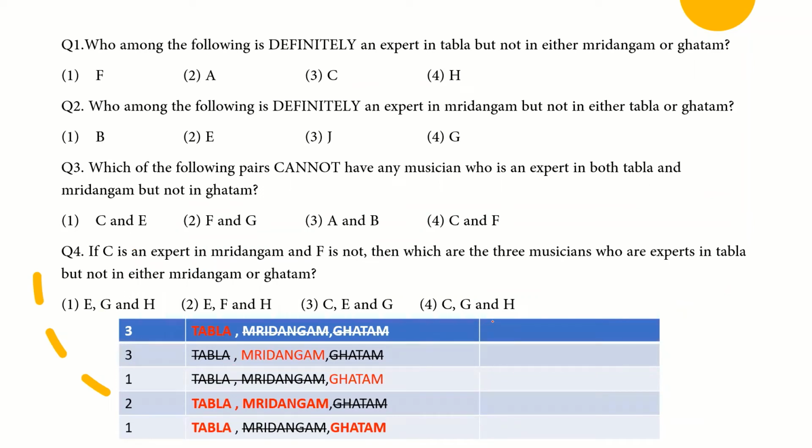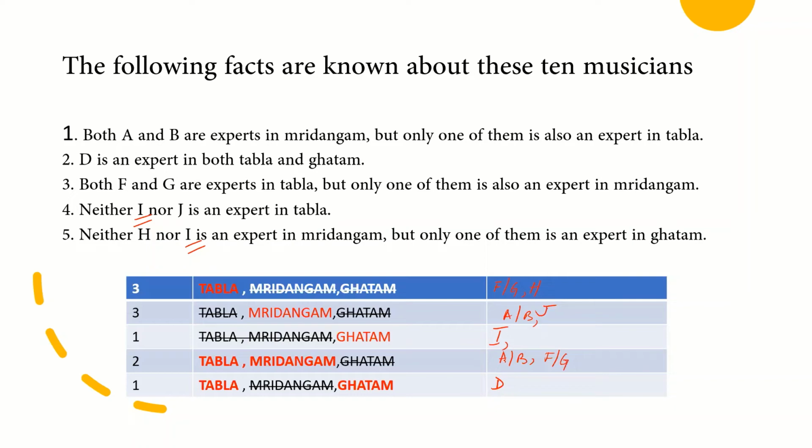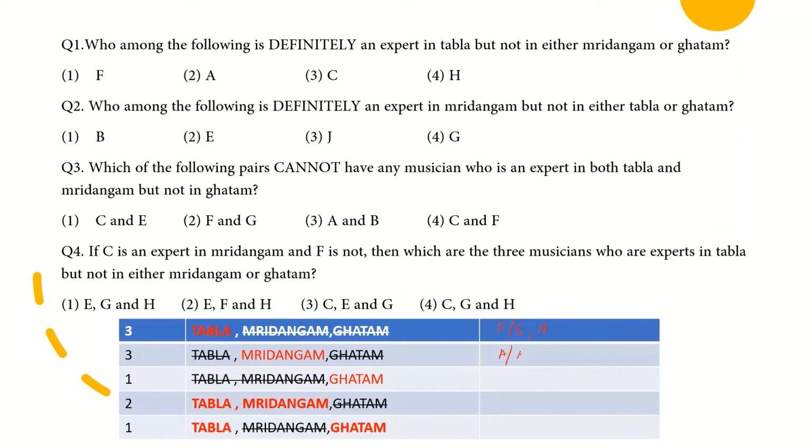So we have this set of 4 questions. I'll quickly write down the data that we captured in the previous slide. F, G, and H, A, B, J, I, A, B, H, G, and D. Who among the following is definitely an expert in tabla, but not in either mridangam or ghatam?